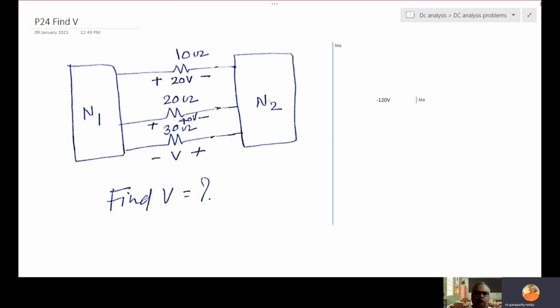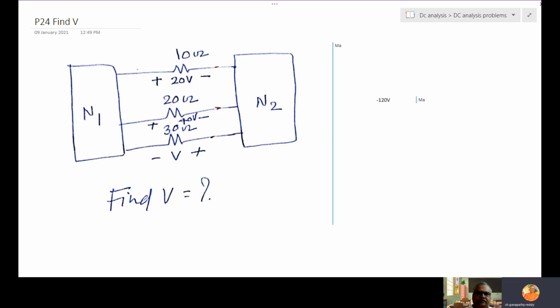Two networks N1, N2 are connected with three different resistors, 10 ohm, 20 ohm, 30 ohm. Voltage across 10 is 20, voltage across 20 is 40, voltage across 30 we have to find. The idea is very simple.